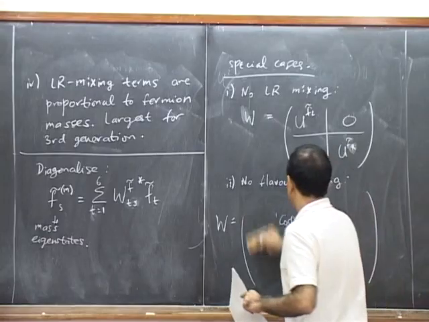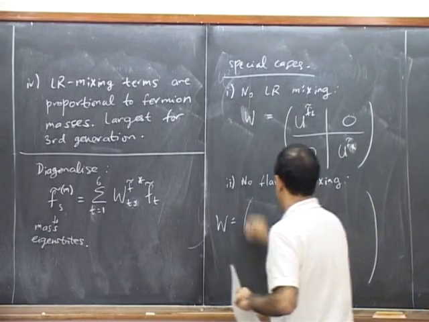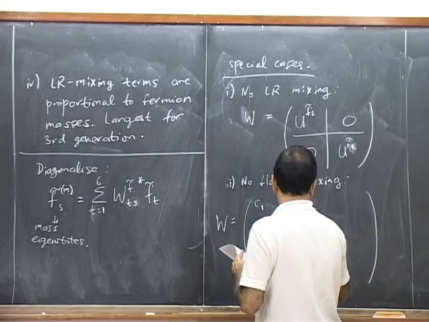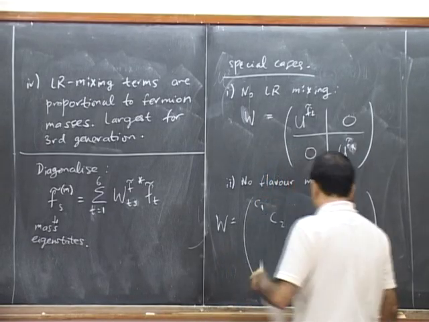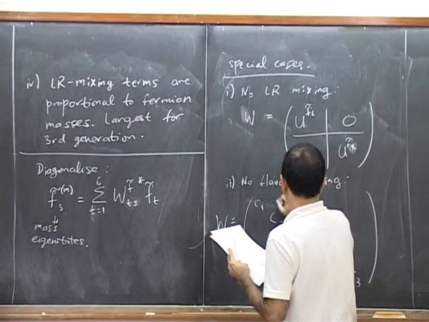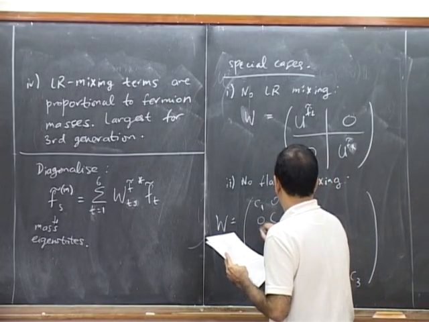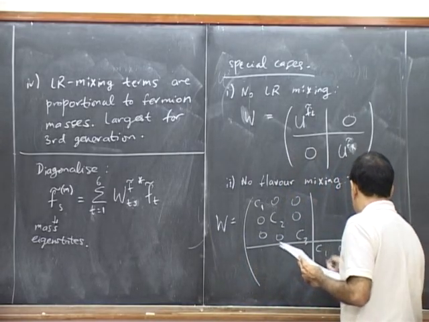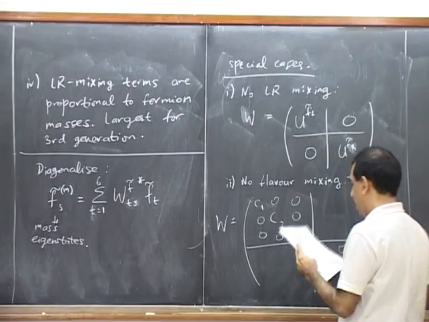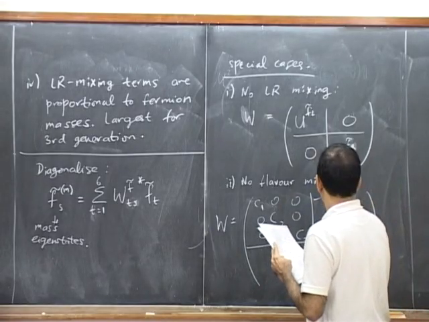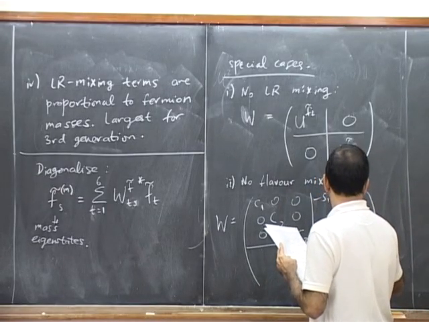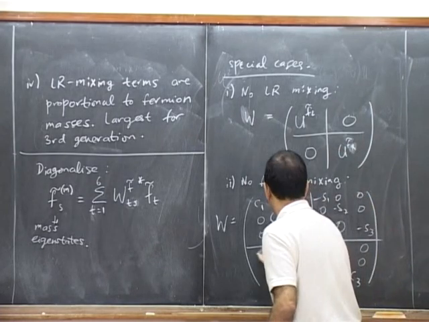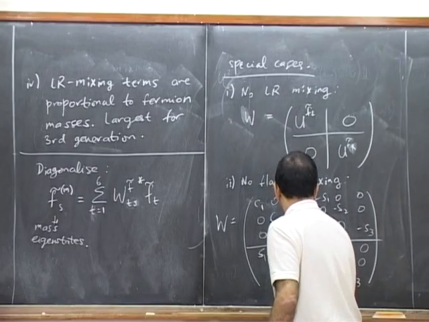Well, let me define this more simply. I think it's pretty self-explanatory, but anyway. C1, C2, C3, C1, C2, C3, then all zeros. And in these blocks, minus S1, minus S2, minus S3. In this block, plus the same thing.